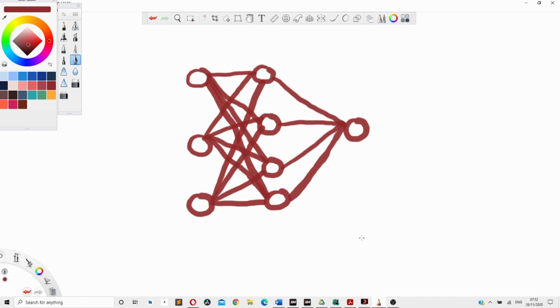So this is our neural network architecture, right? In our neural network architecture we have the input layer. The input layer receives inputs from our features, which we are going to talk about later. Those features are multiplied by the weights, and then they are passed on to the hidden layers.